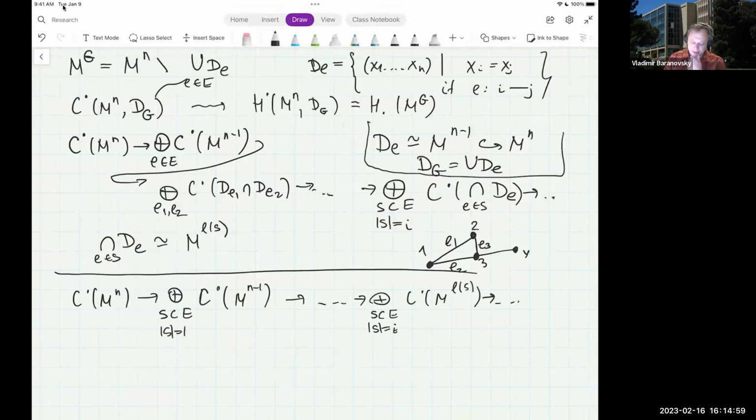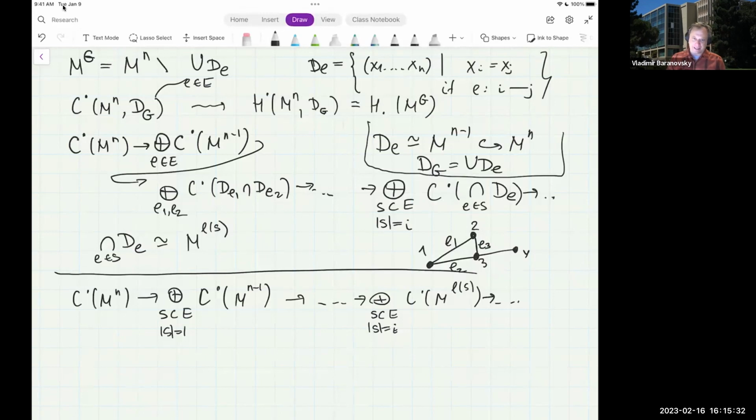Okay. So at this point, this complex does compute the relative cohomology. This is just a standard topological argument. Again, what do the arrows do? The arrows take a subset inside E, and then they attempt to throw in an additional edge to the subset, over all edges that are not included into S yet.